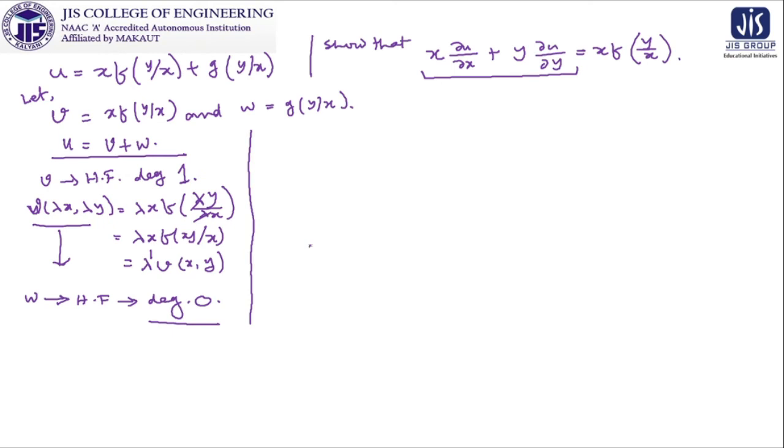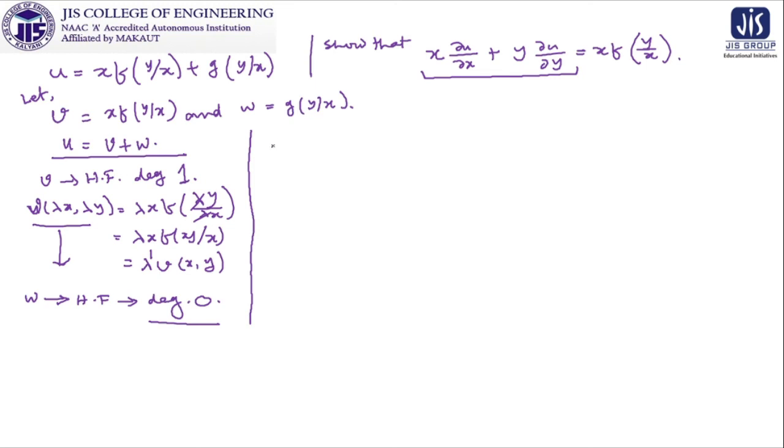So it is not possible to write u(λx, λy) equal to λⁿ u(x, y). That is why, using these tricks, we have distributed u into two homogeneous functions of different degree, and we are going to apply Euler's theorem for those two functions separately. Then we will check whether it is possible to combine them to reach the desired destination or not.